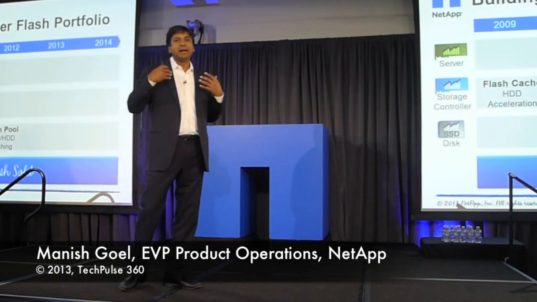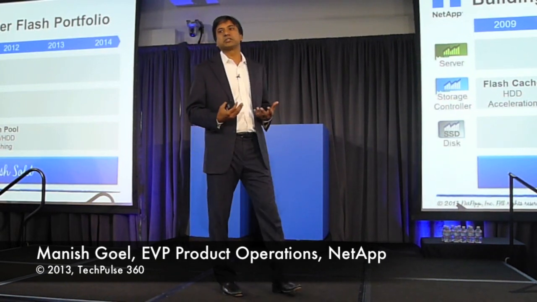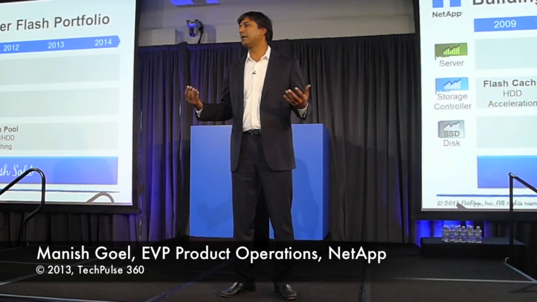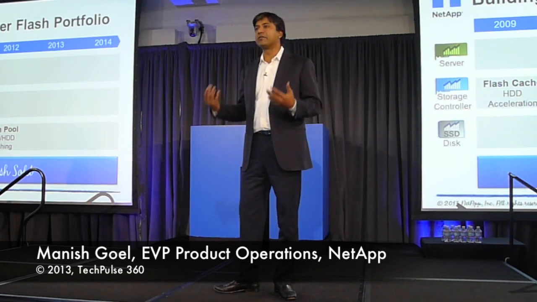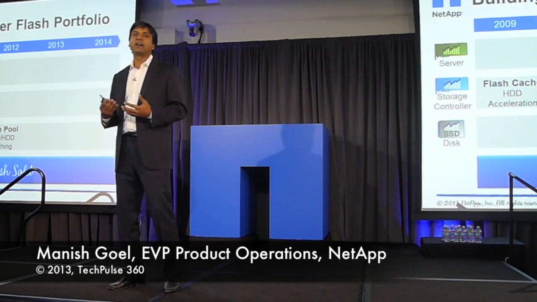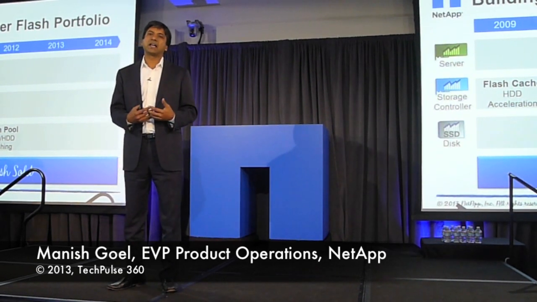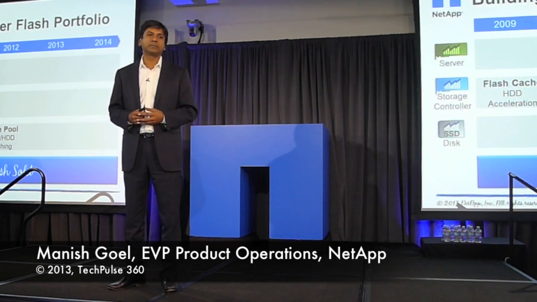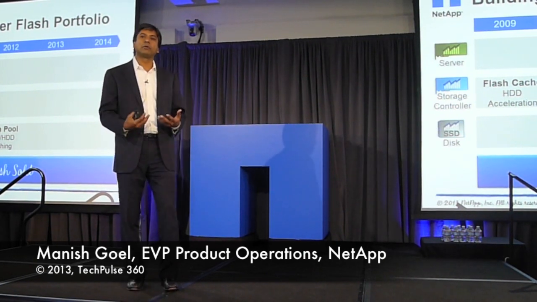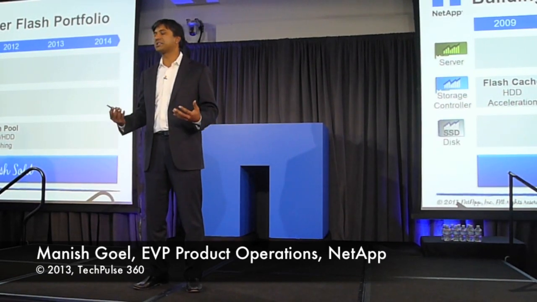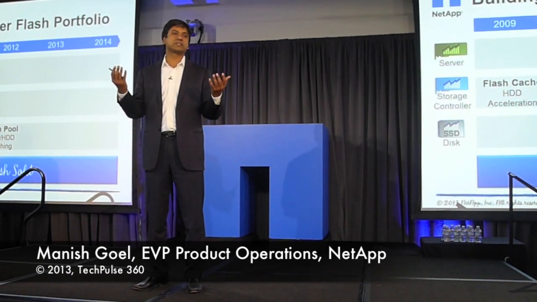So NetApp has been in the Flash industry for a long, long time. This conversation has recently become an exciting conversation. Everybody's talking about Flash. It is the new thing. We have been delivering Flash as an acceleration to our hard drive systems since 2009, in the form of Flash Cache, which is basically Flash being used as a cache to accelerate the hard drive-based systems.